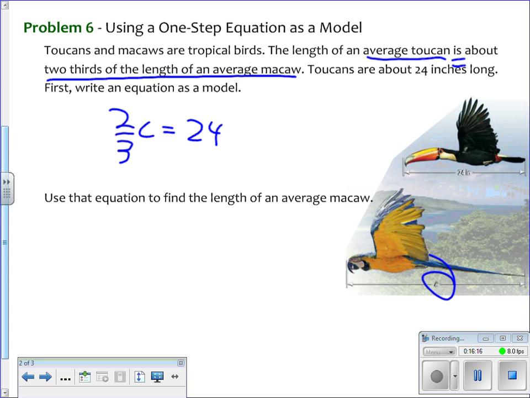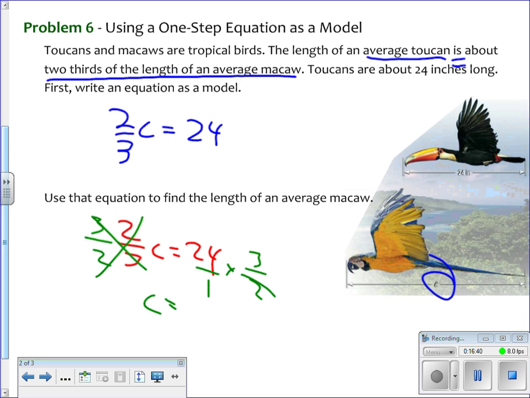To solve this problem, we need to multiply by the reciprocal, 3/2. Those cancel. So I get the length of the macaw is equal to, these reduce, 2 goes into 2 once, into 24 12 times. 12 times 3 is 36.